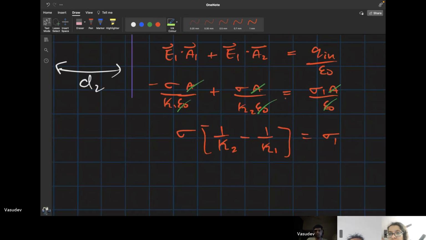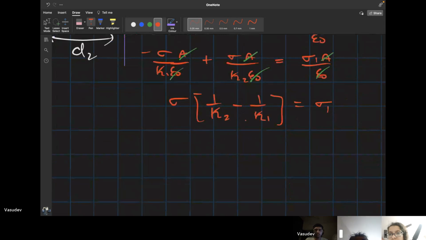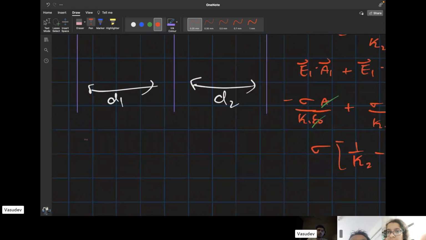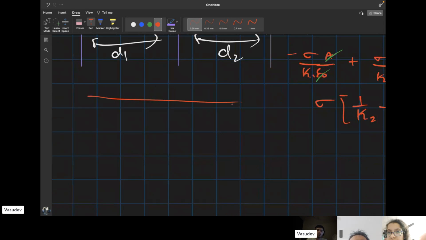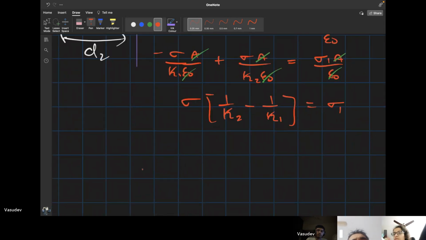Okay, and that's our expression for sigma 1. Yes, so that's the answer. If I wish to get a generic form here, what would you say, given the entire potential across the plates being V? Okay, so the potential across the plates is V. I'll just write that as delta V. A formulation which can be used at our disposal.